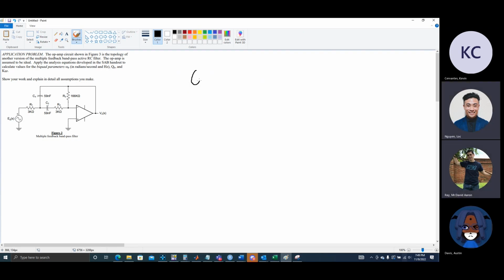In this case, the voltage gain in the S domain is going to look like.